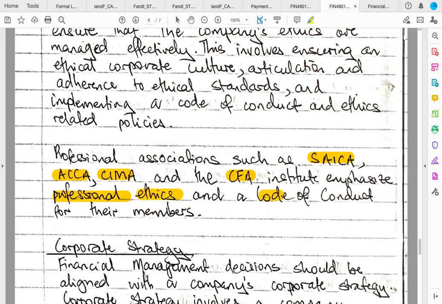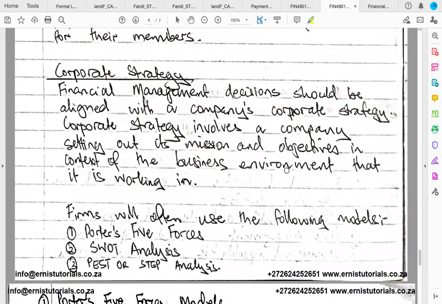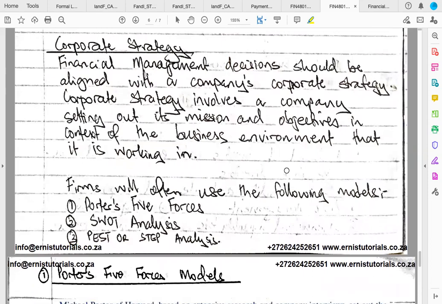And they also have a code of conduct for their members. Because if a professional institution is seen to be not ethical, they lose credibility. If people view members of the professional association as not being ethical, they lose credibility, and that can affect their reputation, and it can totally affect the profession. So good ethics result in good business for big companies. So it should always be emphasized.